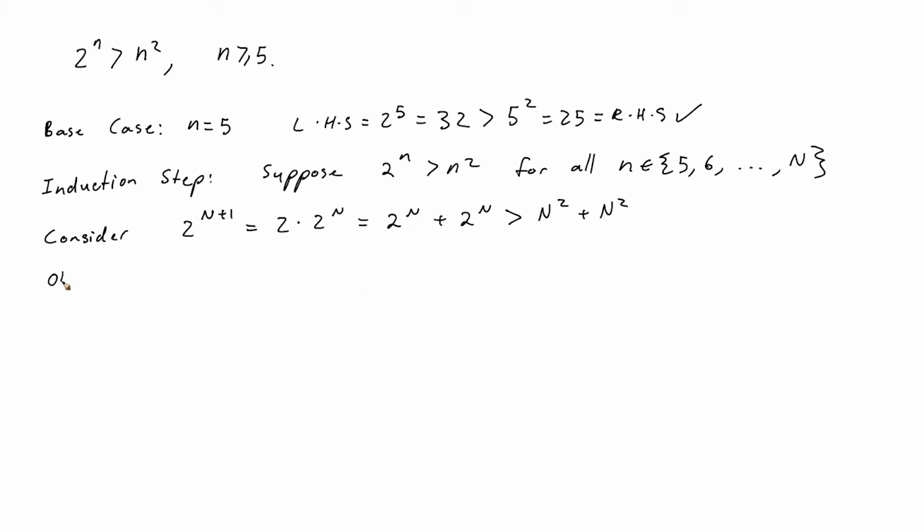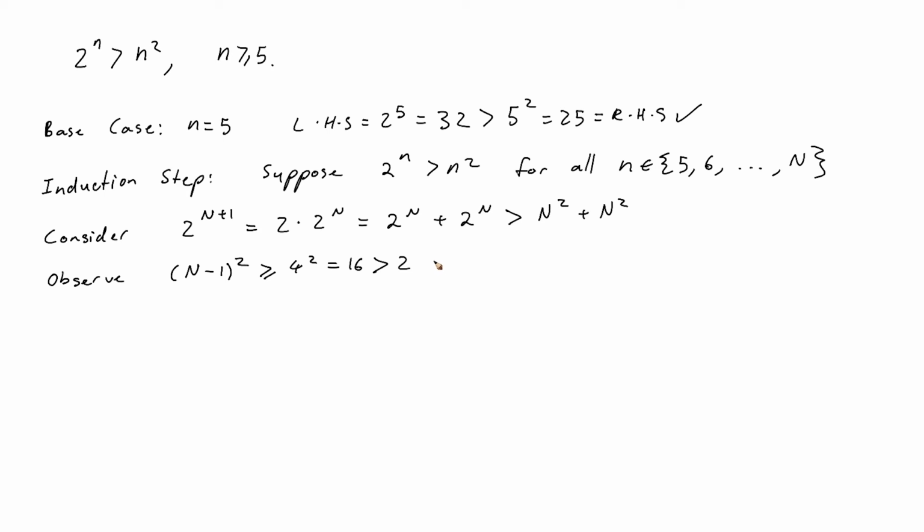So I think maybe what would be easier is to observe if I have n minus 1 and I were to square it, then because n must be greater than or equal to 5, this thing must be greater than or equal to 4 squared, which is 16, of course. And clearly this is bigger than 2.